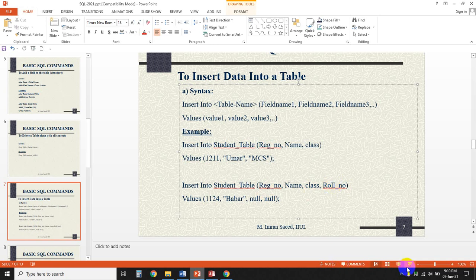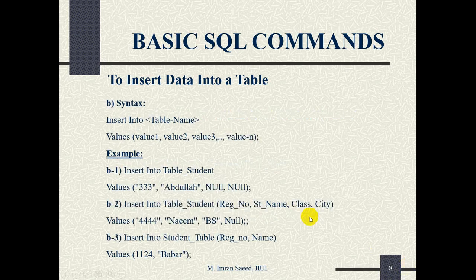Now we check the next. Insert into table name and values, that I have already done. Insert into student table, values, null. And then again insert into student table, then again attributes or fields, 4 fields, 4 values. And as I told you, if I want to keep city null, check, I wrote down null without any quotes, so it will assign a null value to the city.